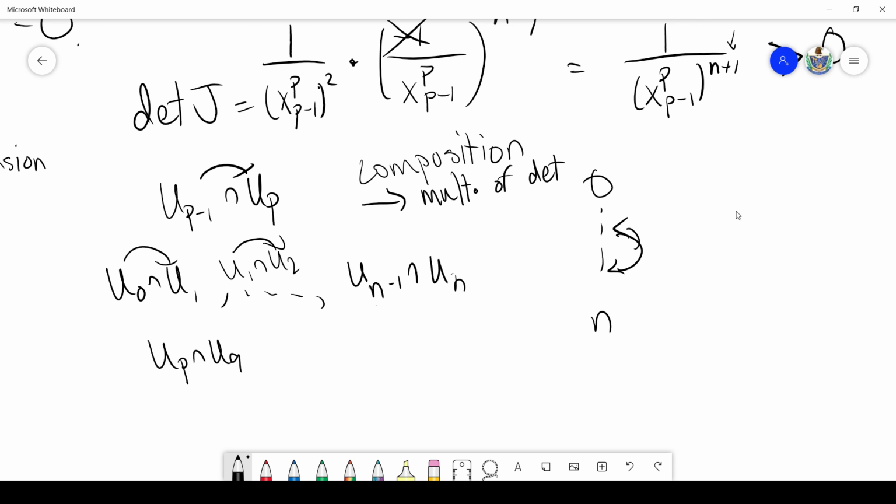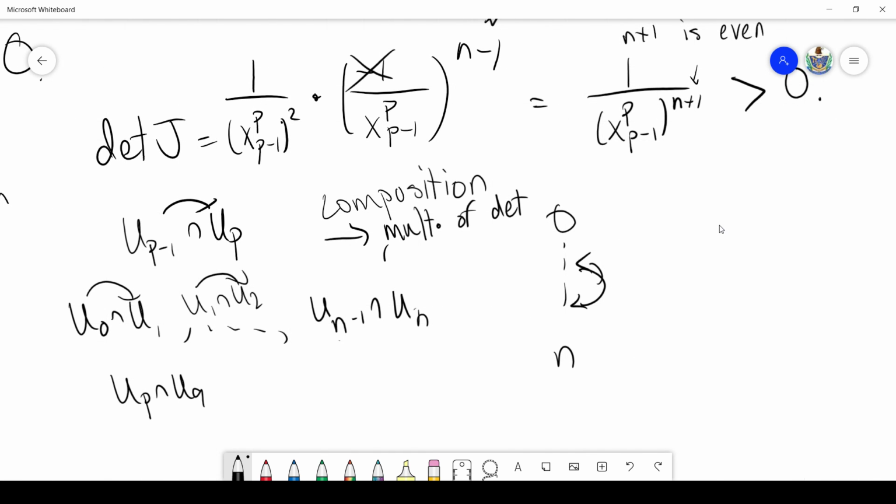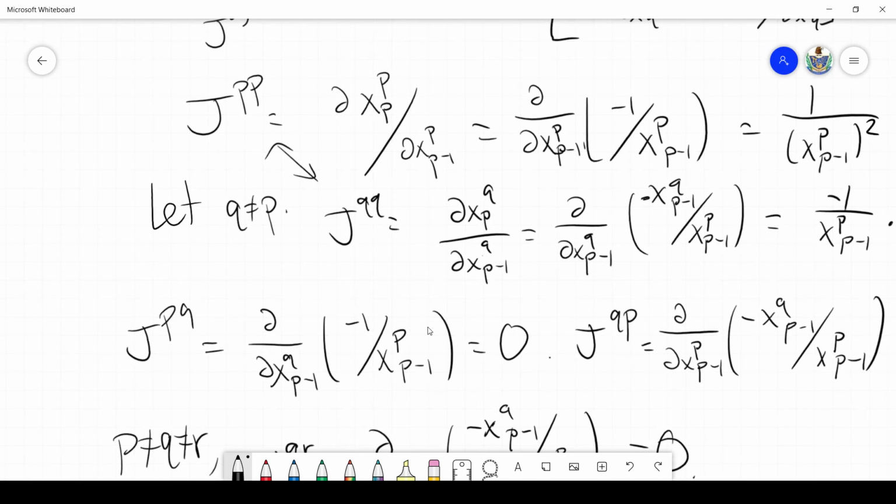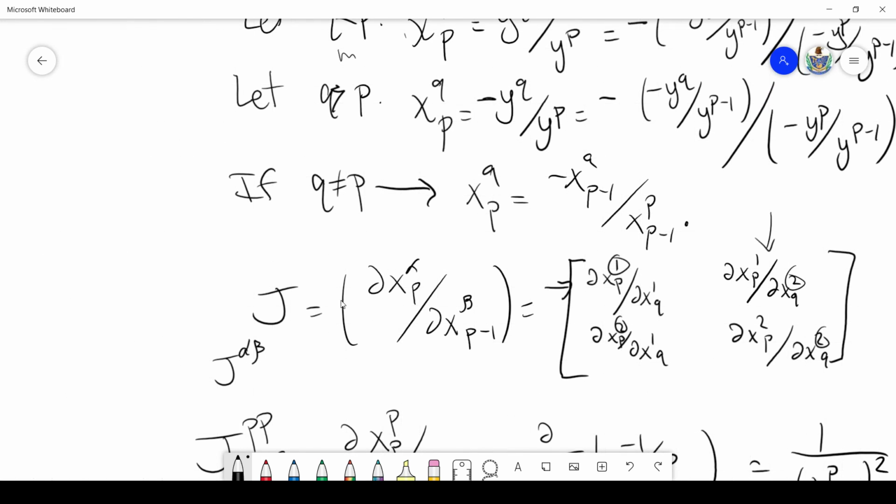Since the determinants are positive, if we multiply two positive numbers, we get another positive number. Similarly, if we wanted to go backwards, that's an inversion, and the inversion of a positive number is positive. So we can get from any chart to another via positive determinant transitions. Therefore, odd dimensional projective spaces are orientable.